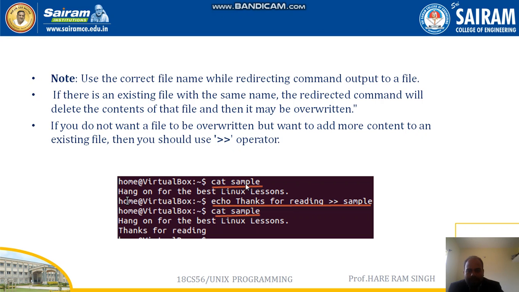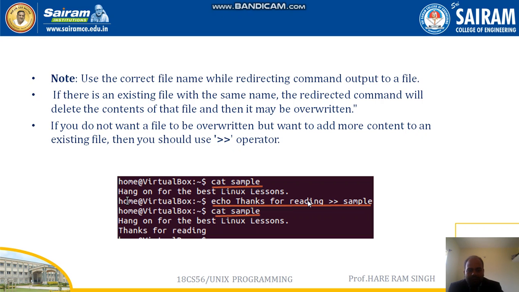Now suppose cat sample shows the content: hang on for the best Linux lesson. Only one line is there. Now echo thanks for reading, which I have written, and I want to redirect it with the double bracket to sample.